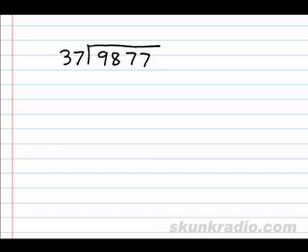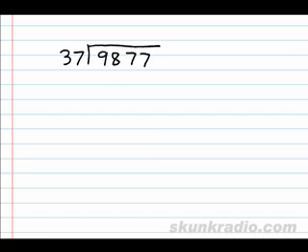So we can do another one that's a little more challenging. We'll write our divisor bar here again, and we'll have 9,877 divided by 37. Some of these can be a little intimidating, but if you take them one step at a time and work carefully, you can really do these problems no matter how difficult they are. In this case, we ask ourselves, how many times will 37 go into 98?